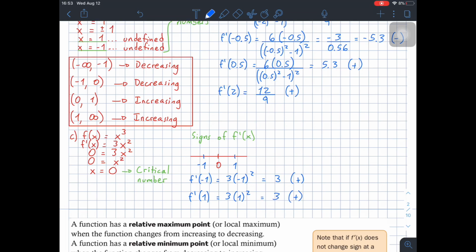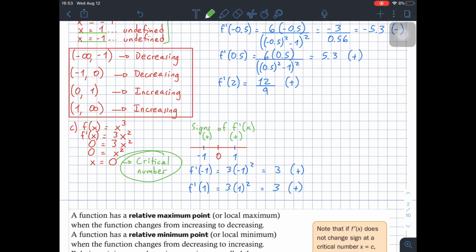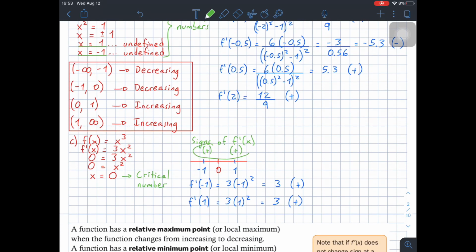So something interesting is happening here again. Before 0 it's positive, after 0 it's still positive. Although we calculated a critical number which does not produce an undefined answer such as what we got in part B, we still get the situation in which the function is increasing on both sides.